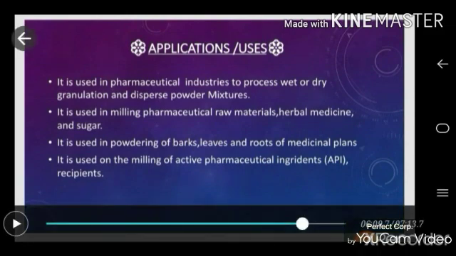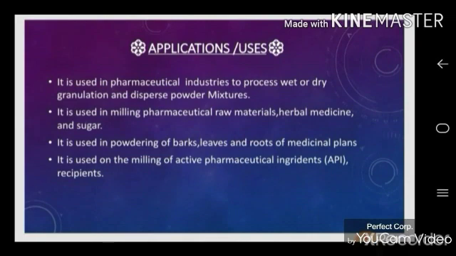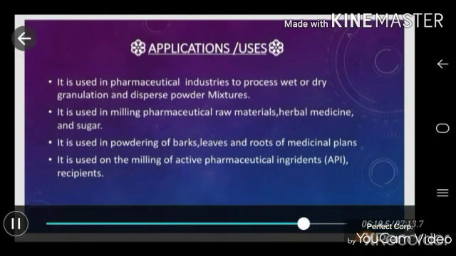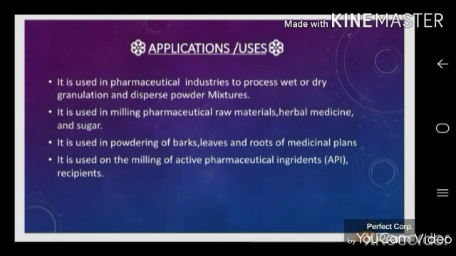It is used in milling pharmaceutical raw materials, herbal medicines and sugar. It is used in powdering of barks, leaves and roots of medicinal plants, and also in the milling of active pharmaceutical ingredients, that is API excipients.